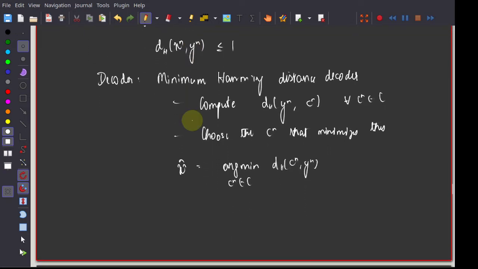So now what can you say about cn and yn, or any other code word? By this I mean the code book with the true code word, the transmitted code word, removed.